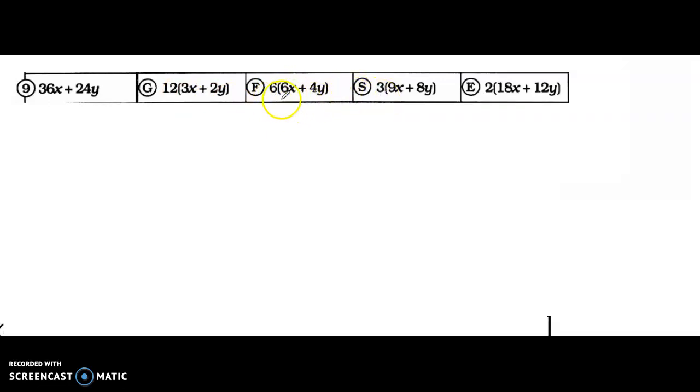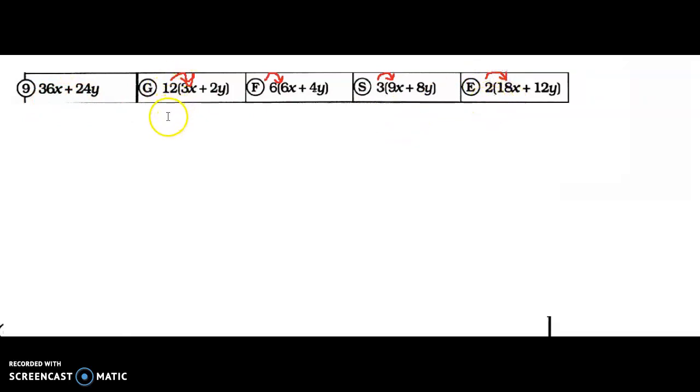That's a possible choice, right? 3 times 9, that's 27x. So there's no way that's going to be my answer. I already know, without doing any of the work beyond just distributing this first term on all 3 of these, that's going to be my answer. Because 3 times 9 is going to give me 27x, and it has to equal 36x. And then 2 times 18 is 36x also.